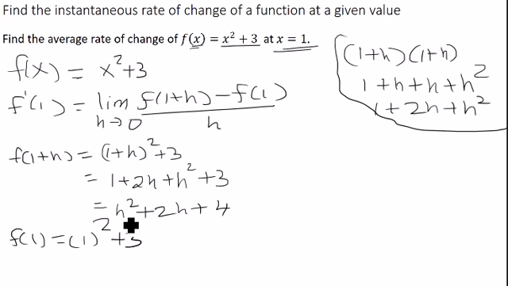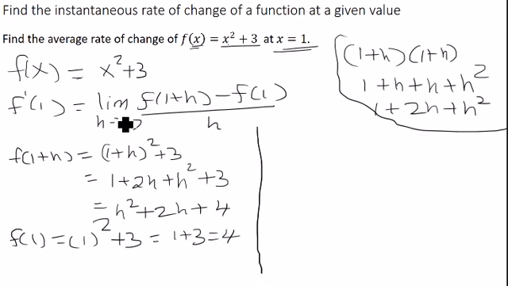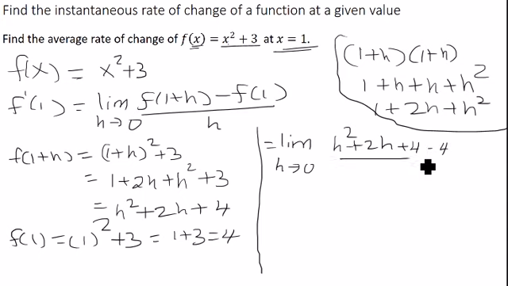Now finally we're going to put these all together into this big formula, so it's going to be limit as h goes to 0 of h squared plus 2h plus 4 minus 4, over h, because this much is coming from here and the 4 is f of 1.